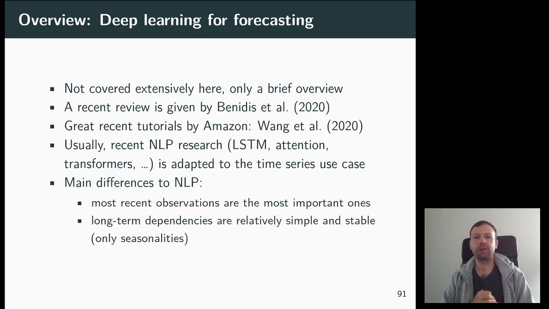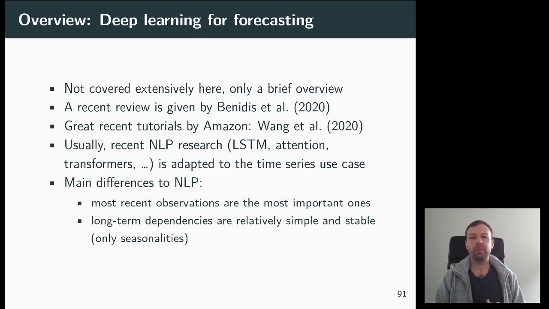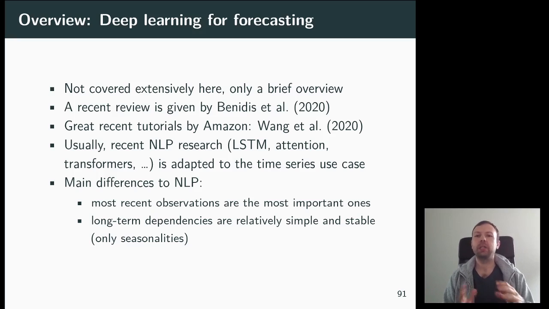Definitely check those out as well, where they go really deep into these types of models. So that's why I decided to only cover them here briefly, even though I do know it's a very hot research topic, and many people are probably very keen on really diving deep into those types of models.